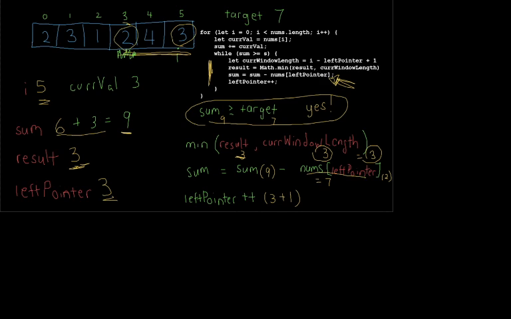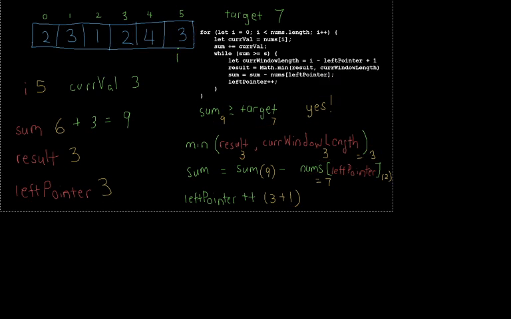So we subtract 2 over here, and you see 9 minus 2, you get 7. So we know that sum will get updated to 7, and actually our while loop will continue again over here. Meanwhile, you increment the left pointer, because we say we have to do that, meaning that the left pointer is going to become 4. Left pointer will come up to here, right? That's the left pointer. So let's take a look at what happens next.